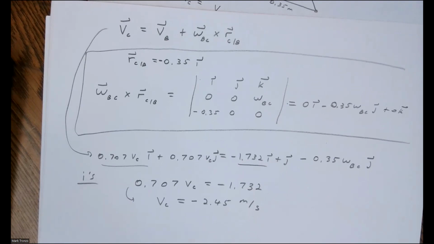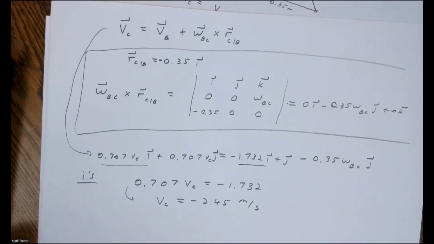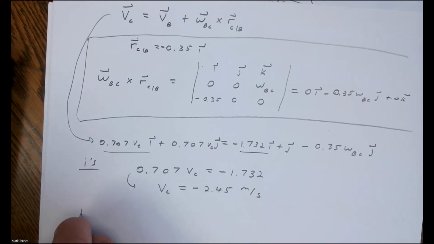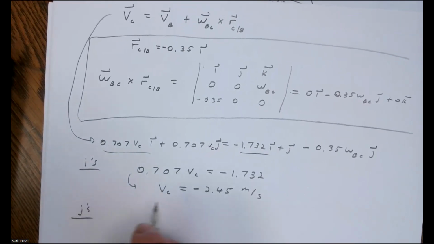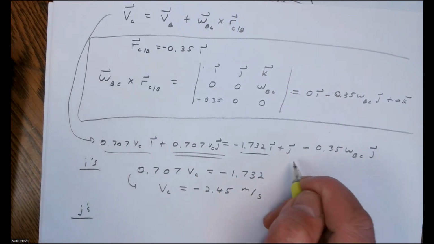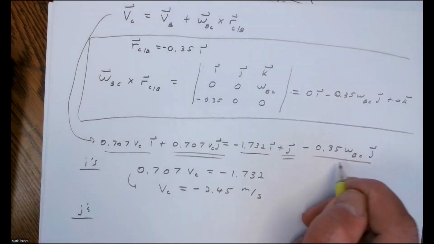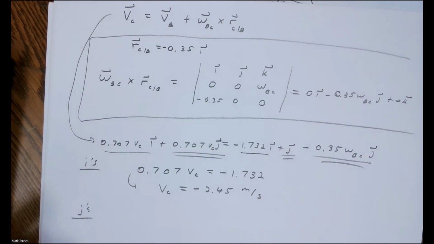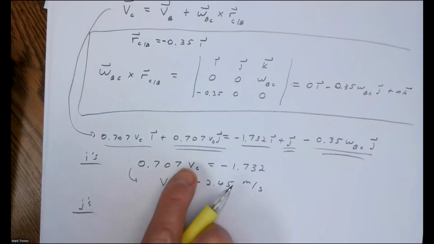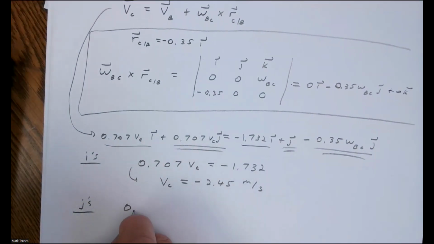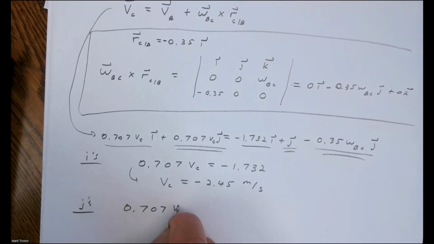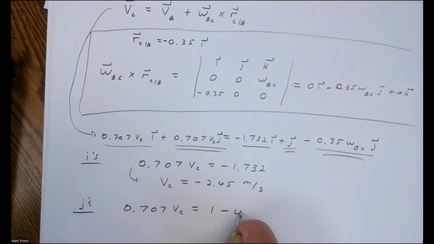And then set the j's equal. So let's set those up. And so we're going to have 0.707 VC equals 1 minus 0.35 omega BC.